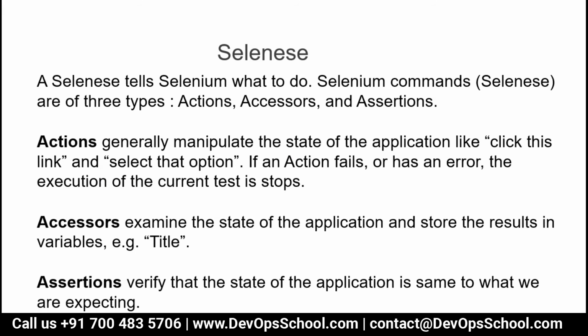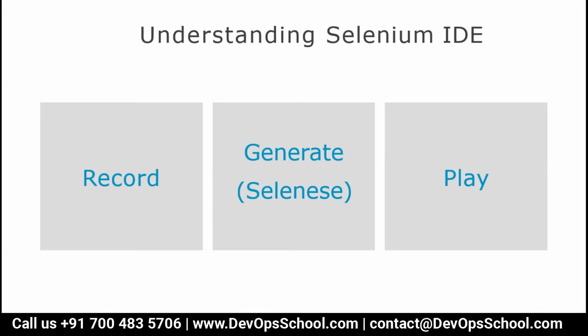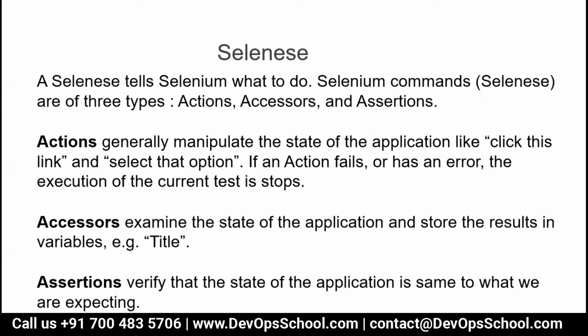So guys, this Selenese is the one which you generate through manual testing and recording. What is Selenese? Basically, Selenese tells Selenium what to do. So Selenese will have commands. Selenese commands are of three types.